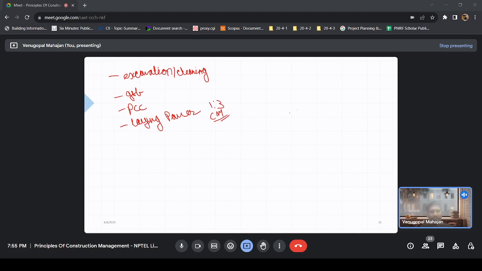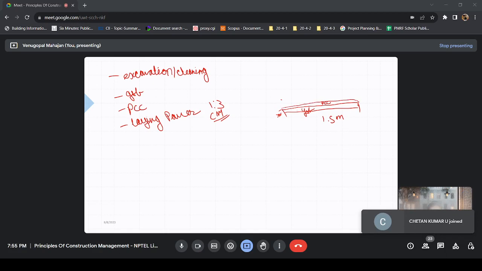If you had the drawing, you could have said, okay, this is supposed to be my 1.5 meter cross section. So I would have GSB here after clearing, right? Then I would have some PCC. After this, I have to place curb stones also.